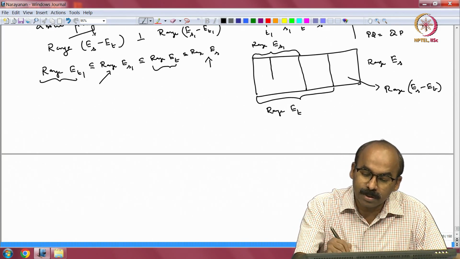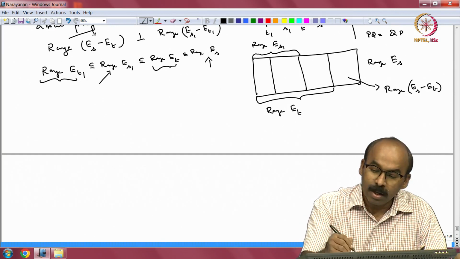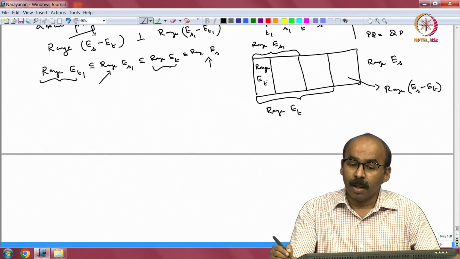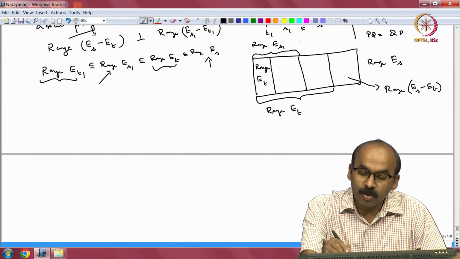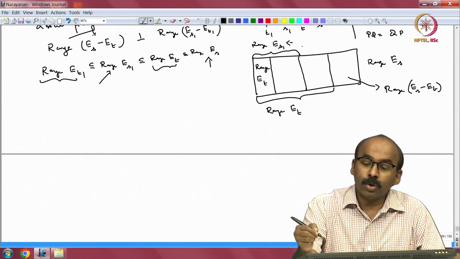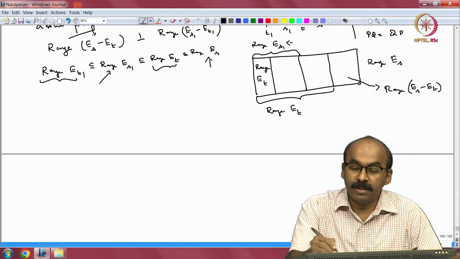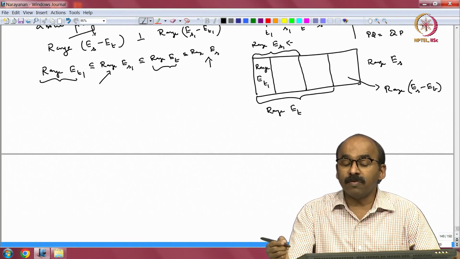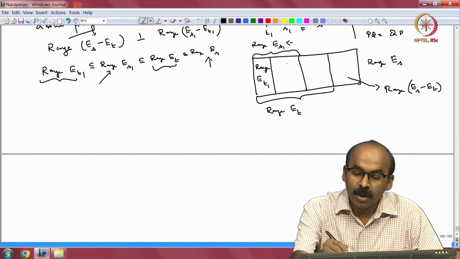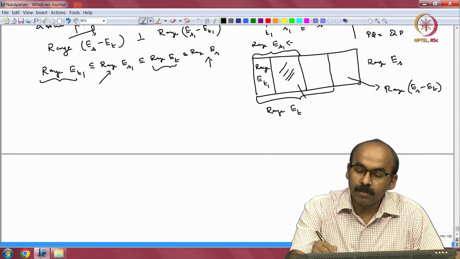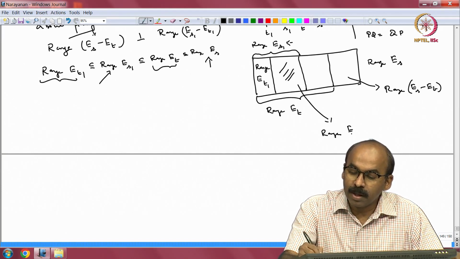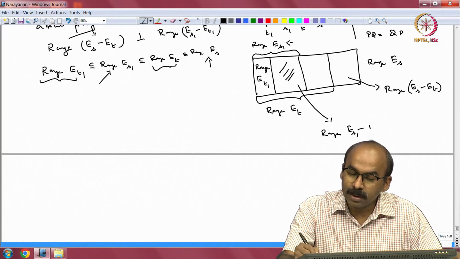Inside range of E S1, whatever is the orthogonal complement of range of E T1 would be the range of the difference of those projections. So this portion is the range of E S1 minus E T1.